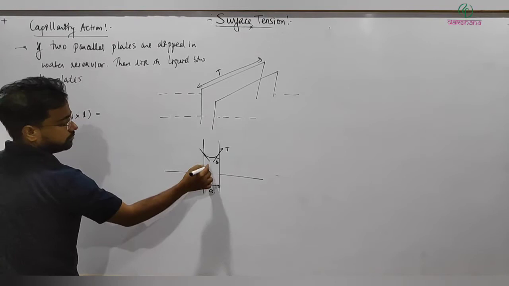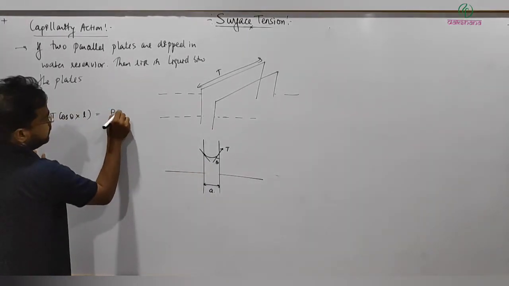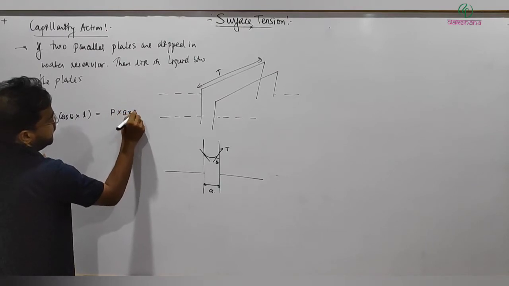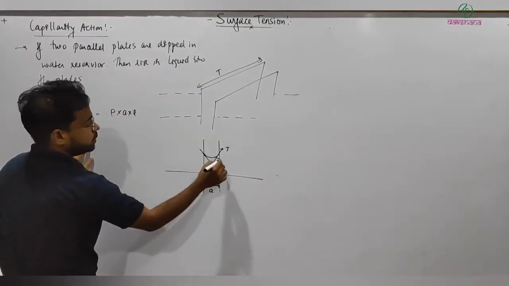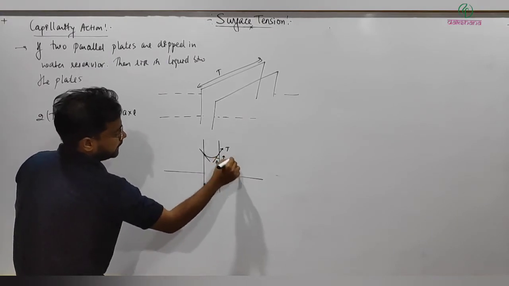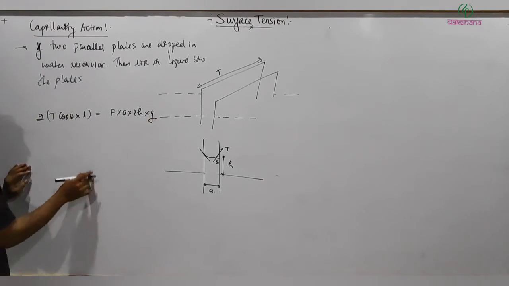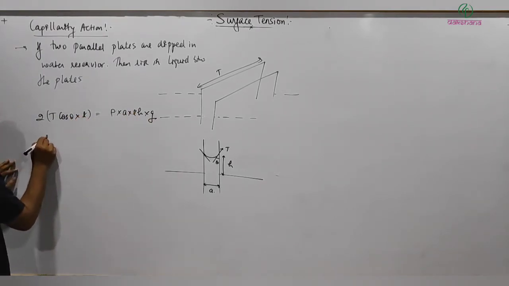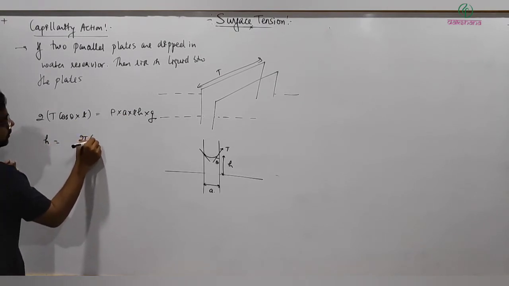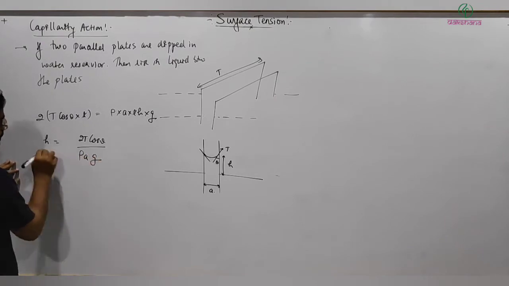The weight of this liquid should balance it, that is rho, density, multiplied by A multiplied by L, which is volume, into height, basically h, into g. So from here this L gets cancelled, and h comes out to be 2T cos theta divided by rho A g.